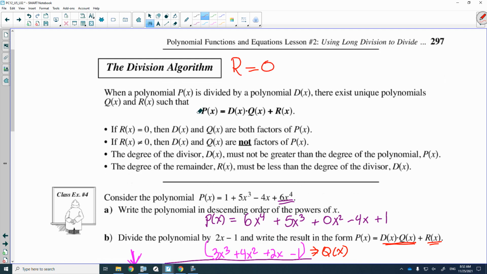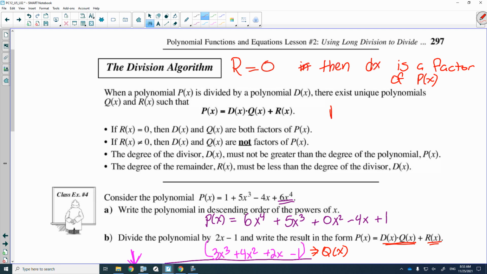If your remainder is 0, then your divisor, which was d of x, is a factor of the polynomial. And I'll show you in a minute what that means, is a factor of p of x.